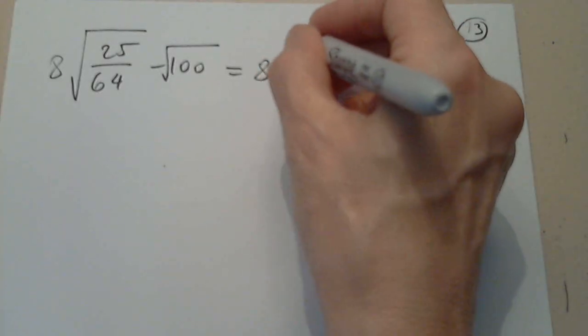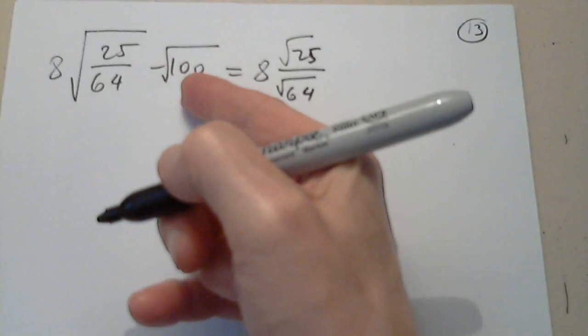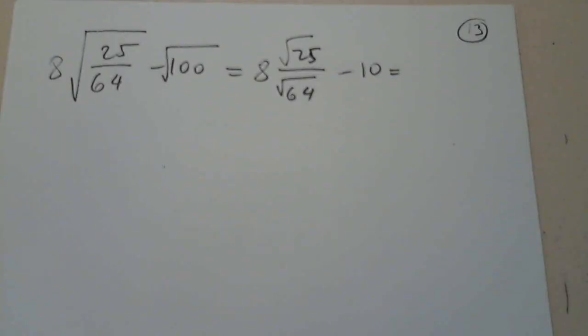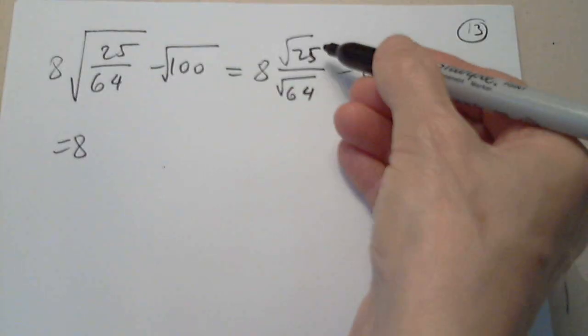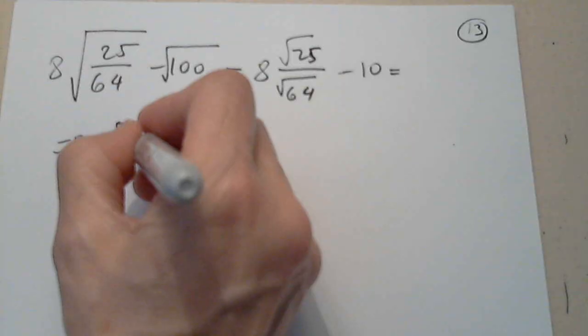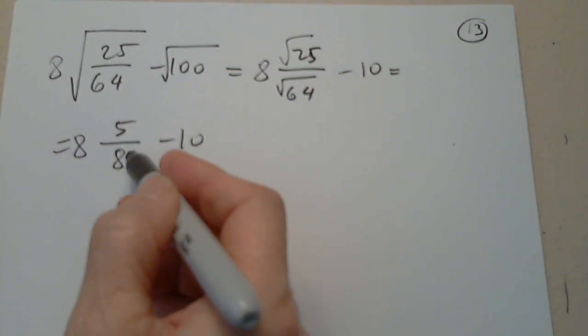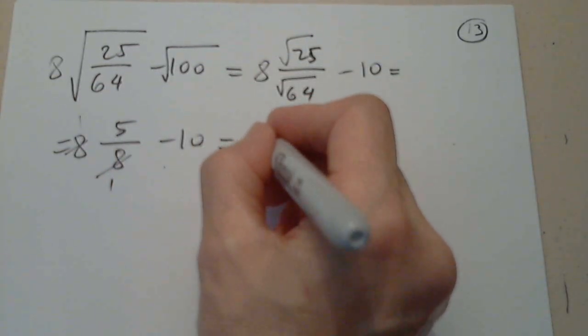I copy the square root of 25 over the square root of 64. I know that the square root of 100 is 10. Then I continue. I copy 8. I take the square root of 25, which is 5. I take the square root of 64, which is 8. I simplify 8 with 8. And I get 5 minus 10, which is negative 5.